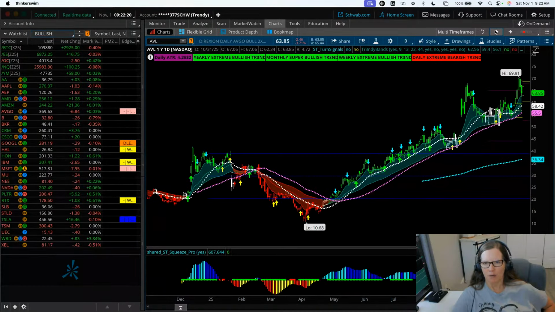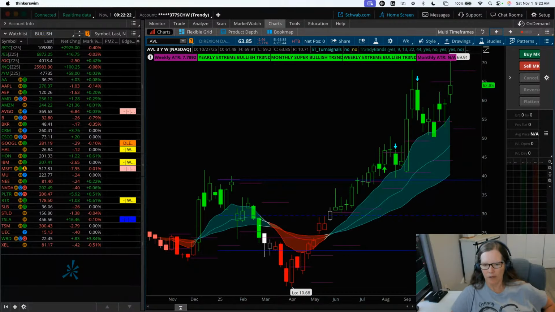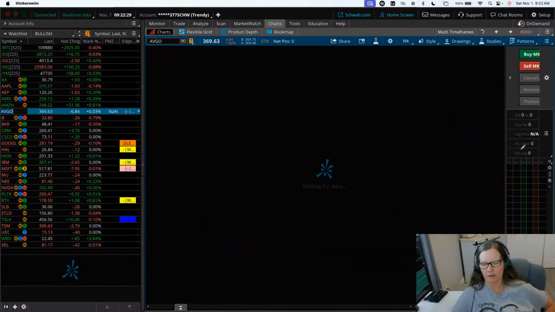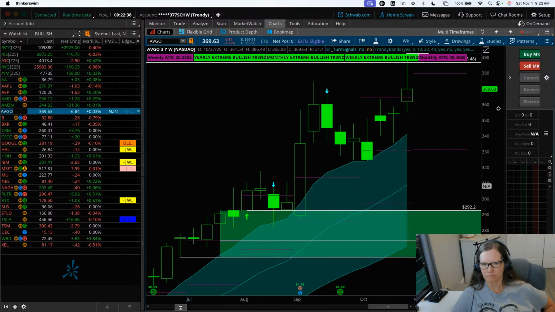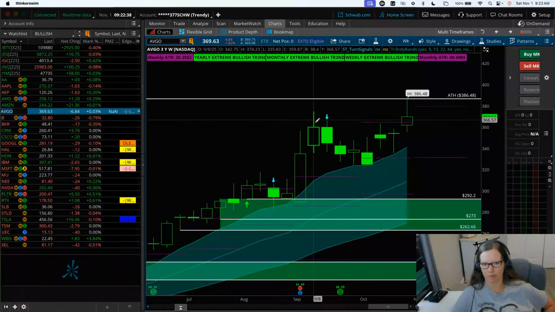All right, starting with this weekly. Oh, I was like, why do I have no drawings? Because you got off of this. All right, let's look at this weekly here. Very nice looking chart. Beautiful rounding bottom at the weekly EMA cloud and a new all-time high this week.